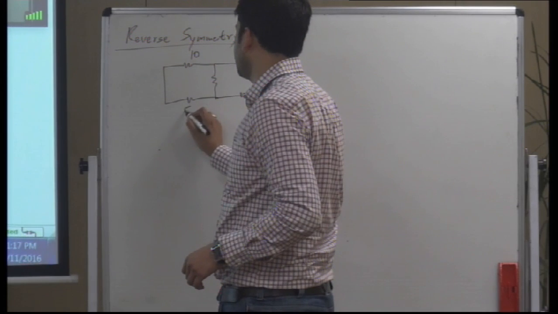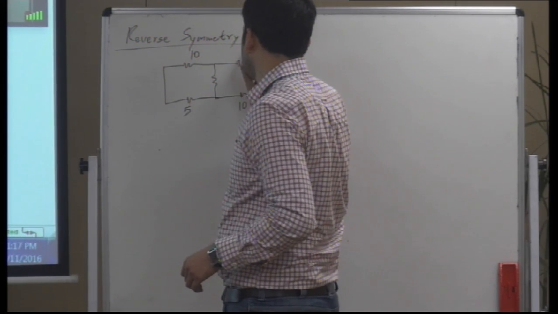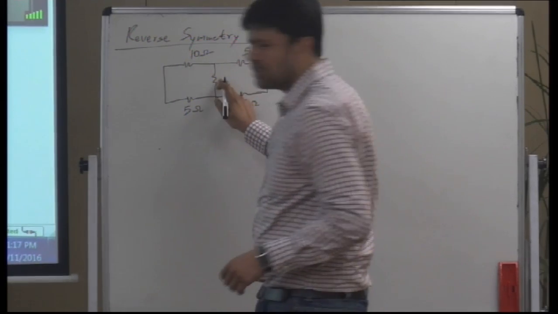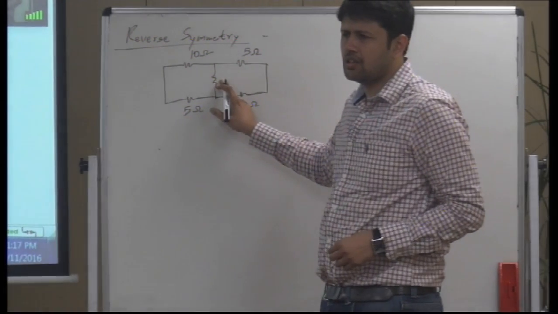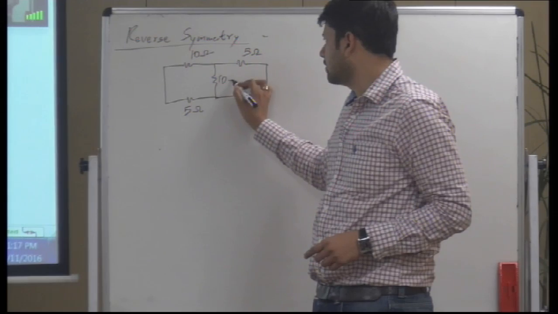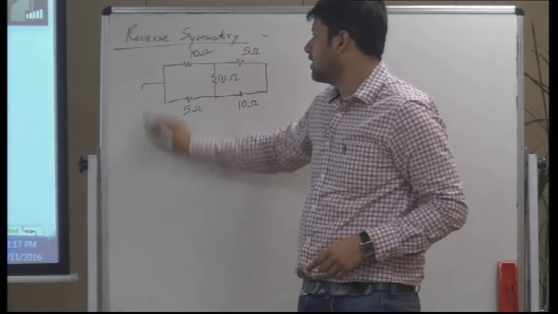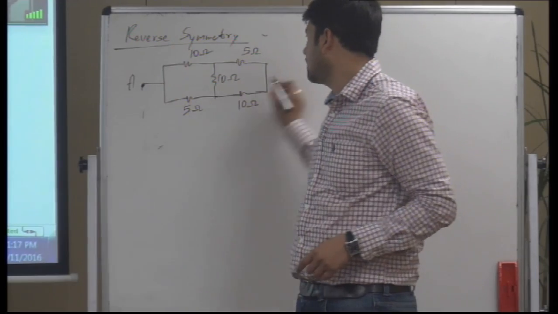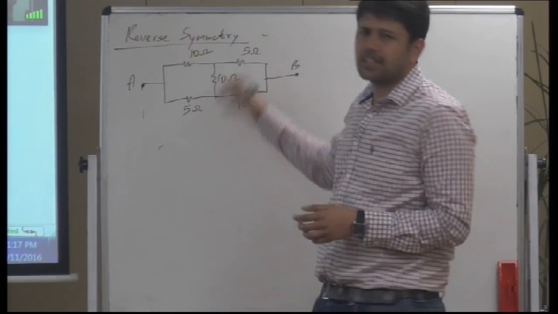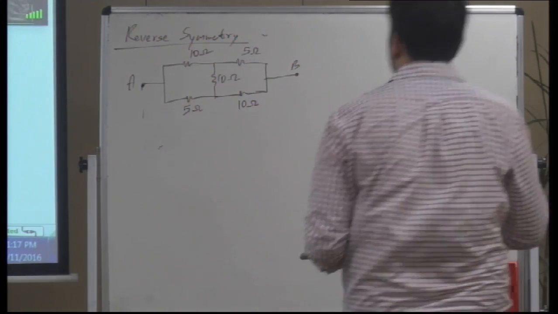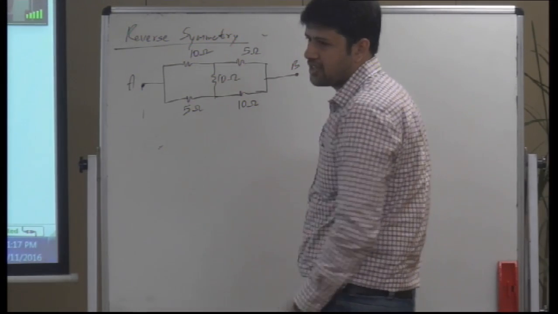10, 5 and 10, 5. What was the resistance here? 10. Okay. And this was not connected, but these terminals were drawn, A and B. In this kind of scenario, what is the case? Actually, it appears to be like a Wheatstone bridge.